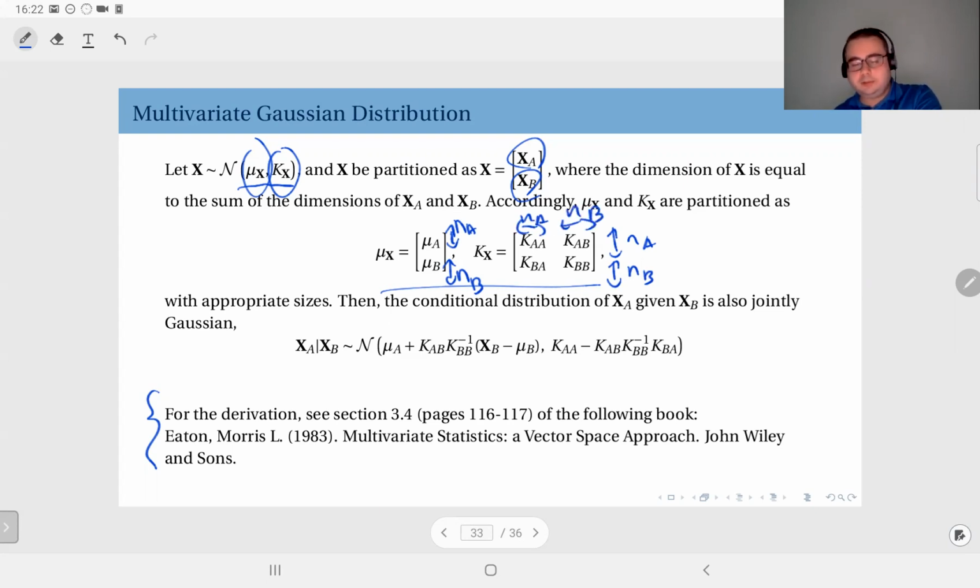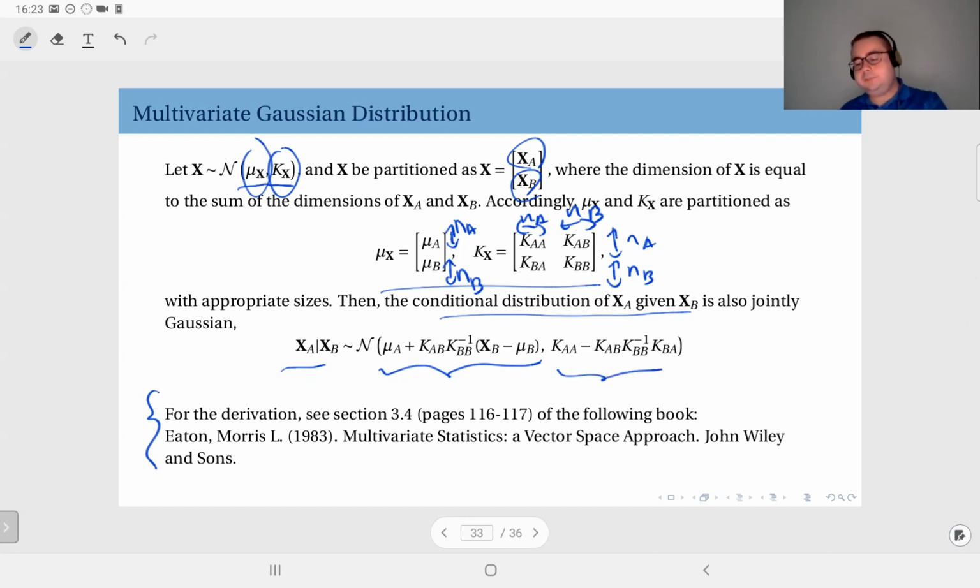In this case, it's possible to derive the conditional distribution of x sub A given x sub B. It's also Gaussian, also multivariate jointly Gaussian. This is the mean vector and this is the covariance matrix of this conditional distribution.